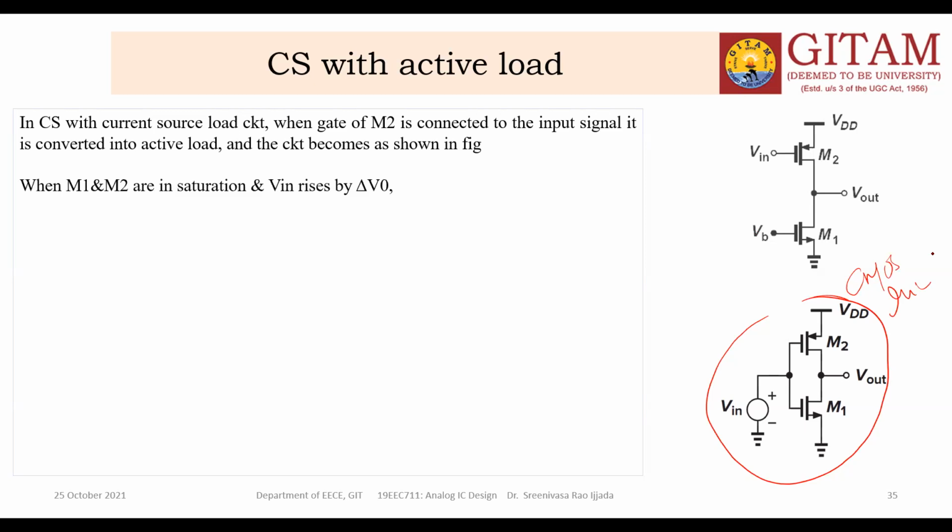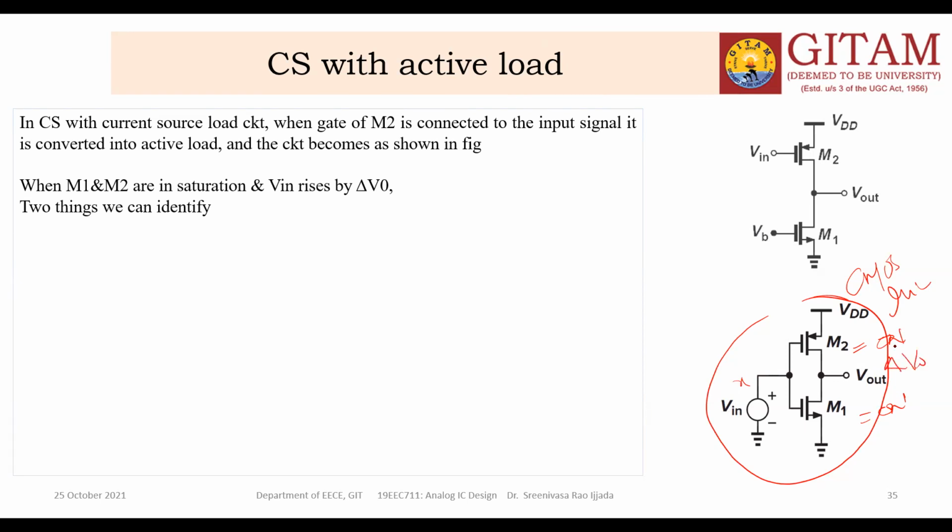So when M1 and M2 are both in saturation, and Vin rises by delta V naught, two things should be identified. Whenever both devices are in saturation, this is on and this is on. Then Vin rises by delta V naught, and the corresponding change may be delta V naught at the output node.